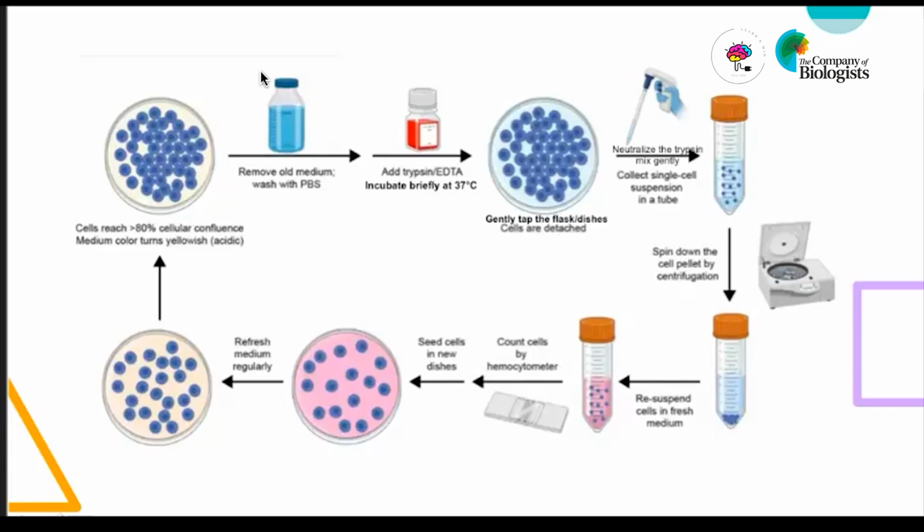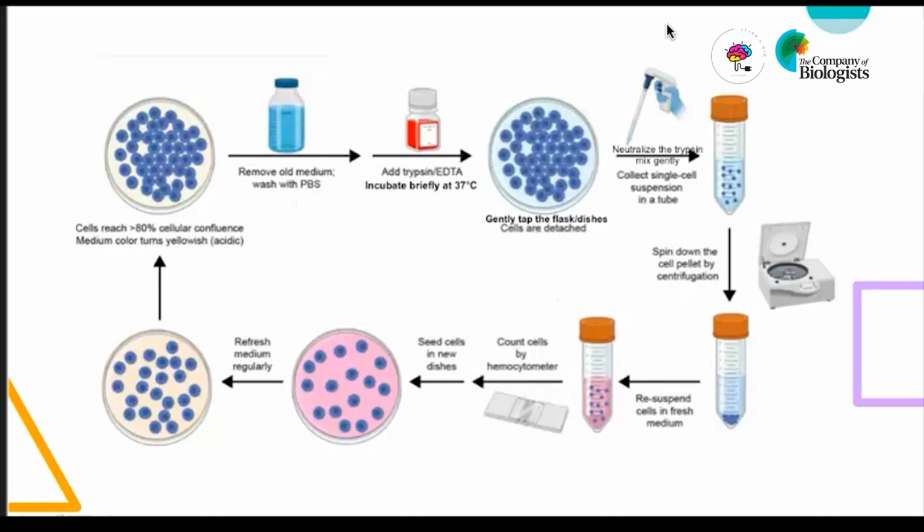So first, remove the old medium, then wash with PBS and add a trypsin solution to detach cells. You can incubate briefly at 37 degrees Celsius. You can also gently tap the flask to assist with detachment.